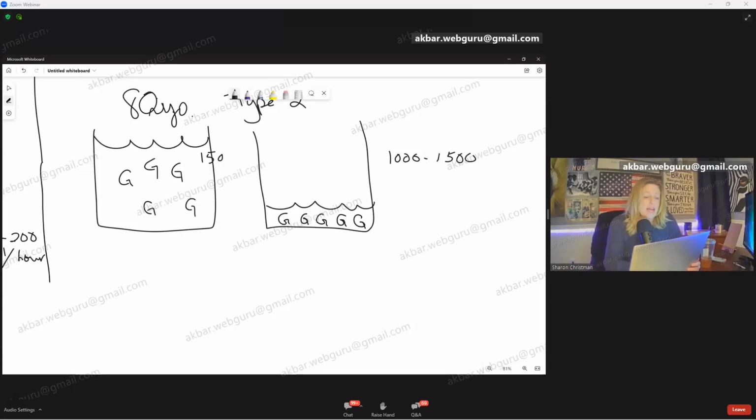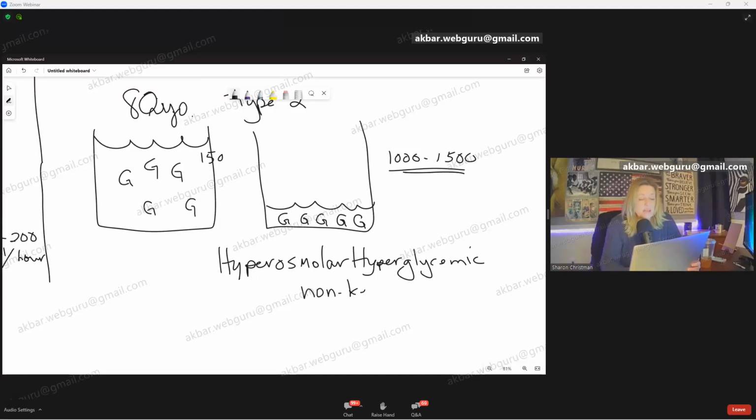And we call that hyperosmolar. Because they're really dehydrated, hyper concentrated, and they're extremely hyperglycemic. So not only hyperosmolar, they're hyperglycemic, but they're non-ketotic, and they end up in a coma.